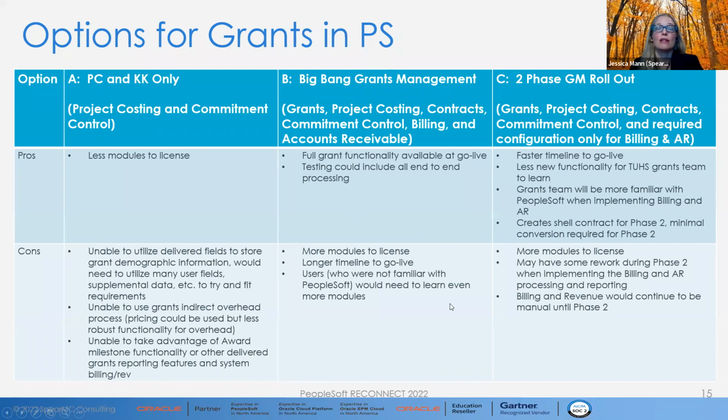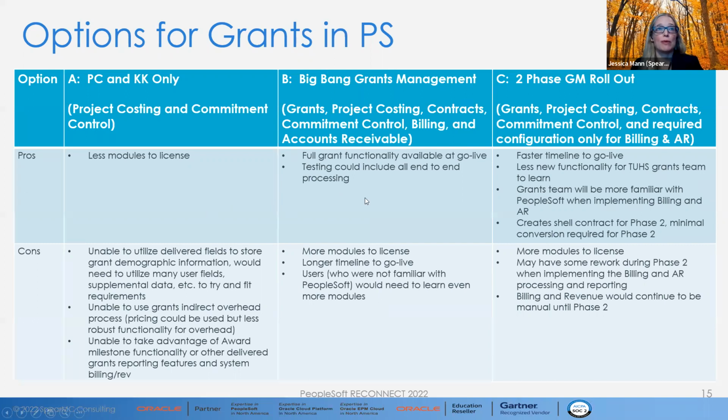So ultimately, Temple did decide, okay, yes, we want to move forward with the full grant suite, and they were able to work with Oracle on getting some pricing for those new modules that work for them. And then the next question was, do we want to go big bang, or do we want to do a phased rollout?